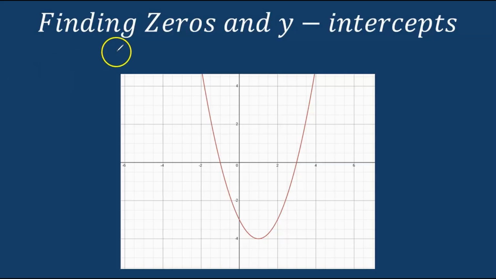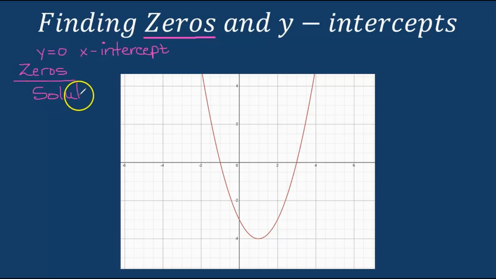First of all, let's talk about what a zero is. Now we say the zeros of a function, and what we mean are solutions to the function, where y is equal to 0. This is going to be where it crosses the x-axis, and so technically a 0 is also an x-intercept. You might also hear it named solutions.